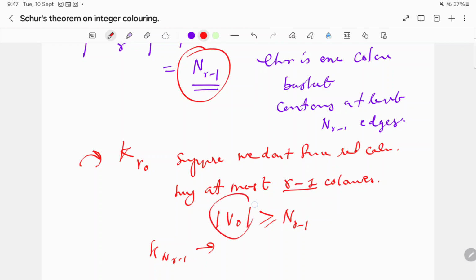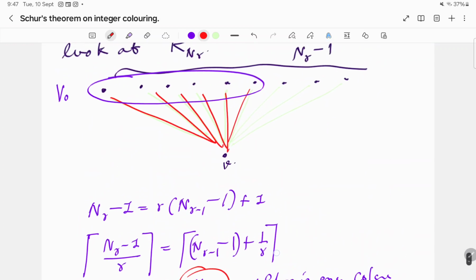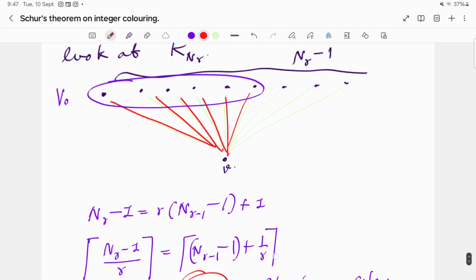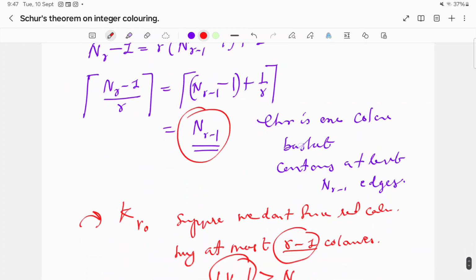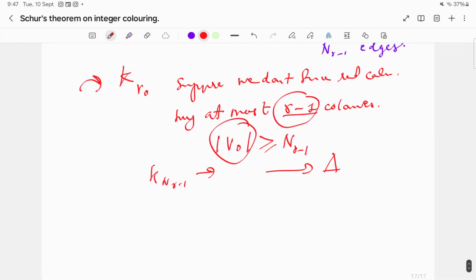This particular set contains at least that many vertices, so it forms an induced subgraph which is a complete graph colored by R minus 1 colors. So definitely there is a monochromatic triangle. So in both cases we have a monochromatic triangle, right? So you go through the proof once again and try to understand the proof.